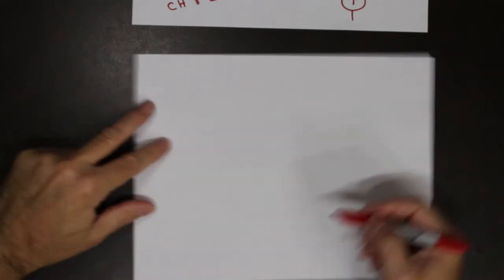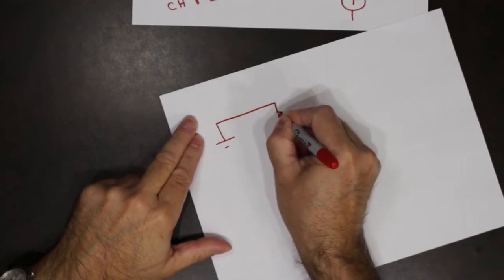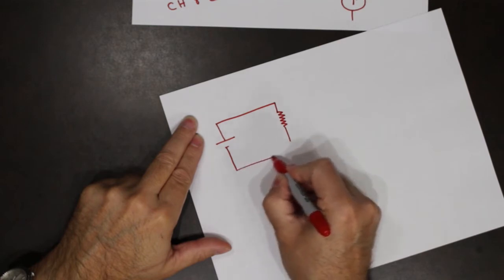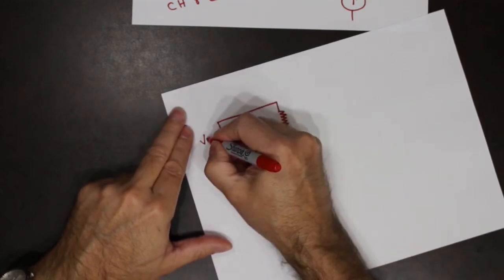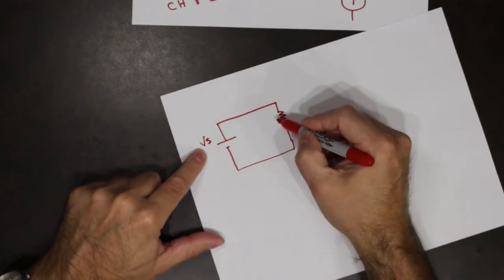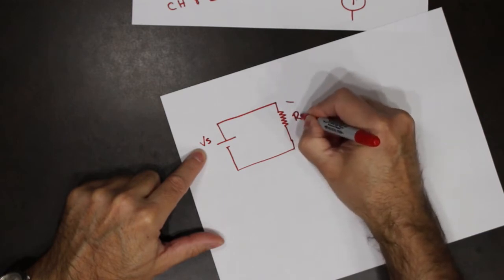Think of it like this. If I have a voltage supply in an ideal situation, Vs will appear across this load resistance.